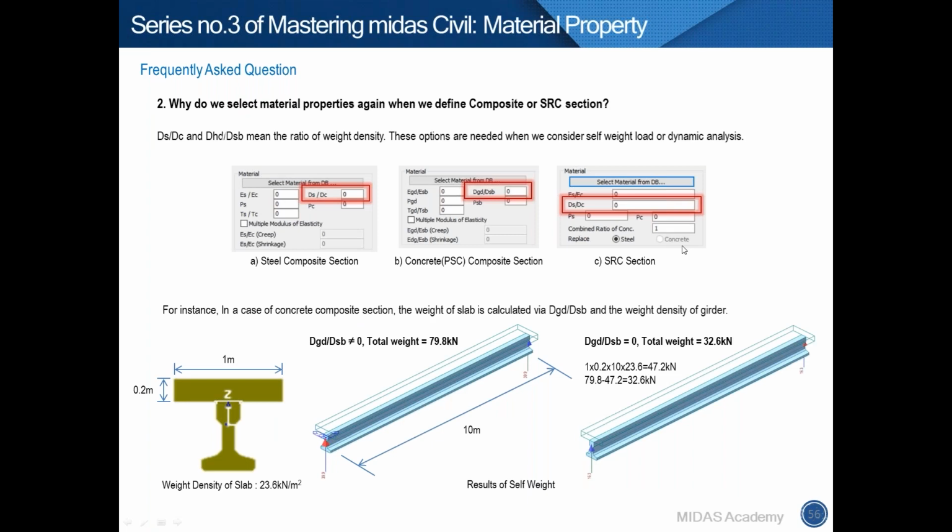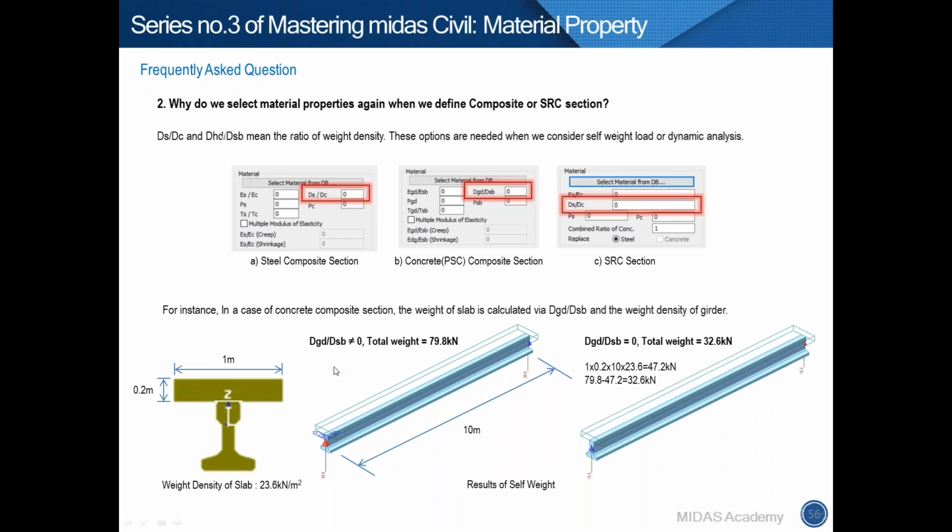And this is more description about the ratio of weight density. When we create elements that have a composite section, we can assign only one material to the elements. So the software needs information about the subsection. Subsection means, in this case, the slab section.